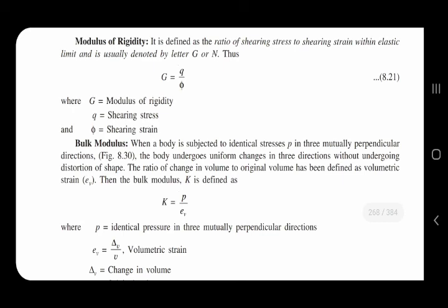However, for most engineering materials, the strain does not exceed 1 by 1000. Mild steel has a much higher value of Young's modulus than rubber.